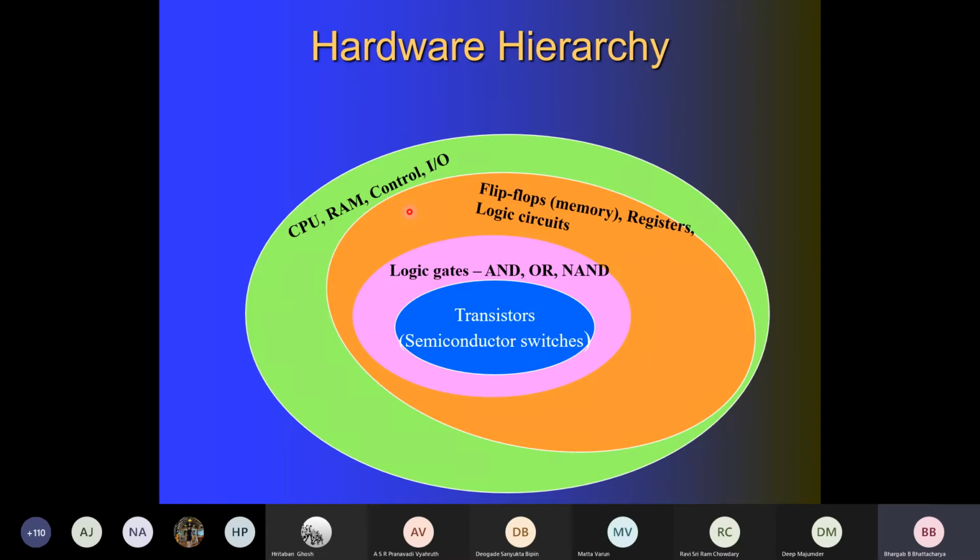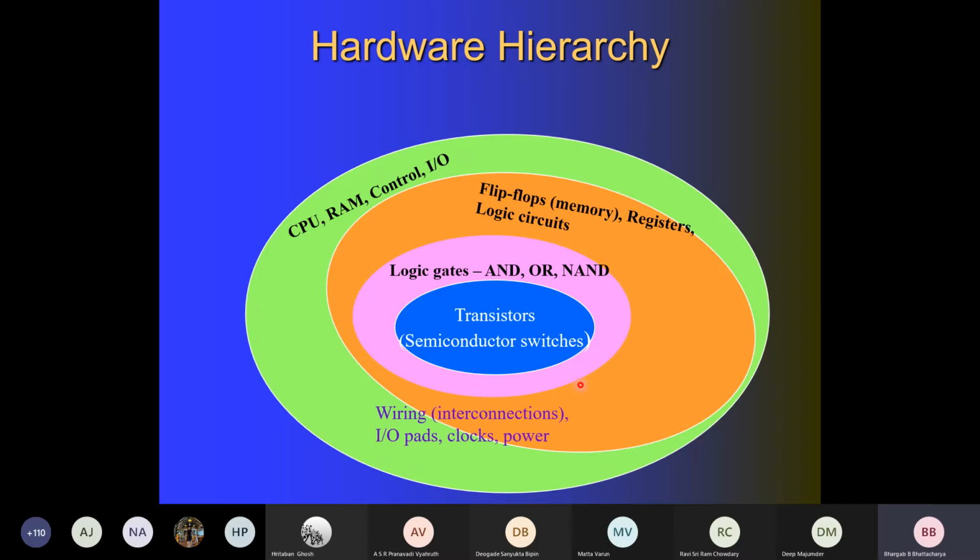From the hierarchical point of view, you have the transistors at the very lowest level, and then you have the logic gates, flip-flops, registers, and so on. After that, you can design the CPU, control and I/O, random access memory, and so on. Obviously, we need interconnections. You need to interconnect everything.